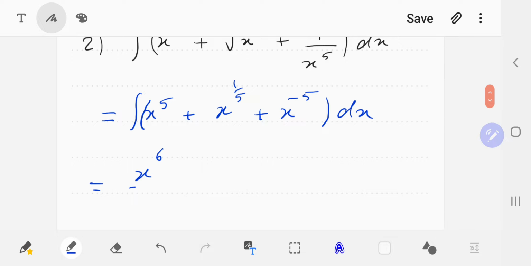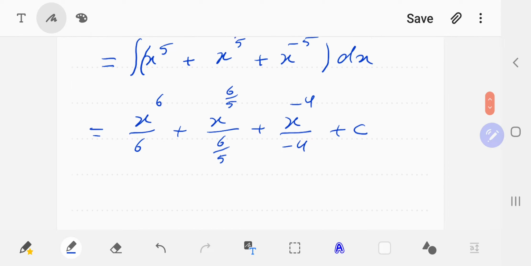This will give you x to the power of 6 over 6. This will give you x to the power of 1 over 5 plus 5 over 5, 6 over 5, over 6 over 5, x to the power of negative 5 plus 1, so negative 4, over negative 4, and all plus c.